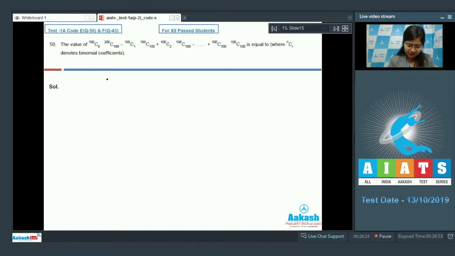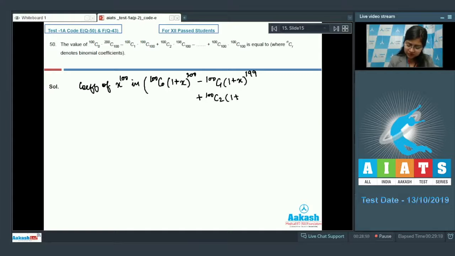So we can write it as the coefficient of x raised to the power 100 in 100C0 (1+x) raised to the power 200 minus 100C1 (1+x) raised to the power 199 plus 100C2 (1+x) raised to the power 198 up till 100C100 (1+x) raised to the power 100, right?